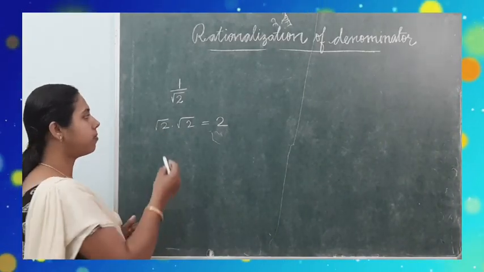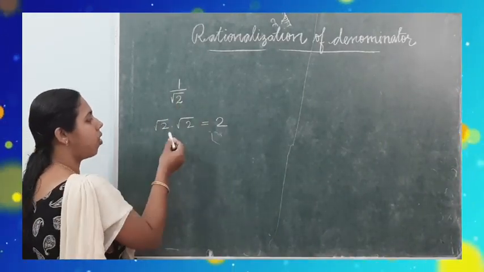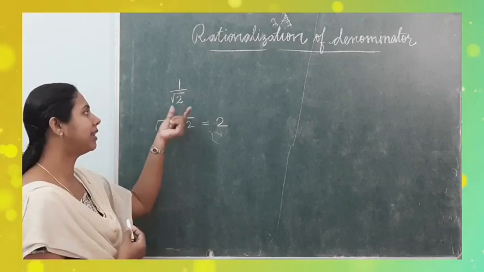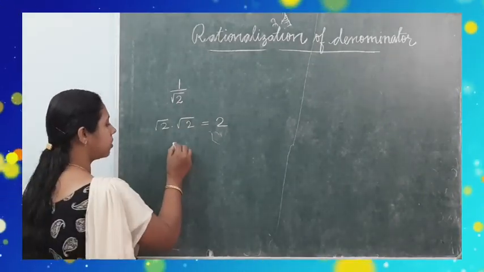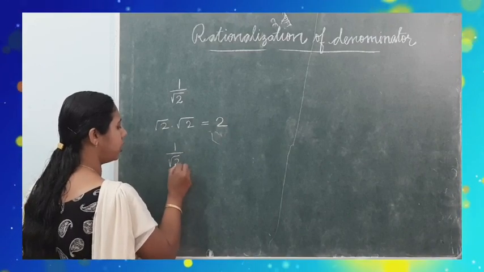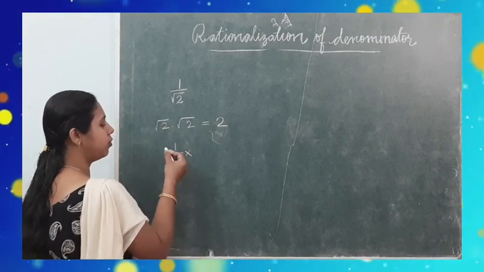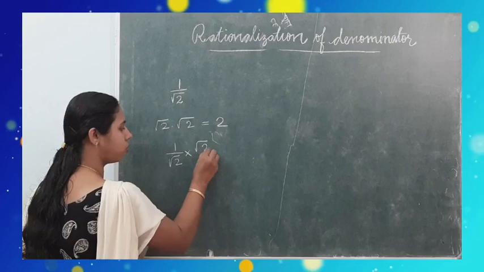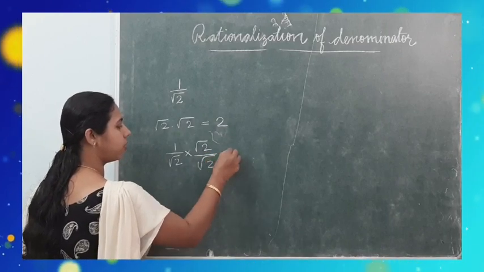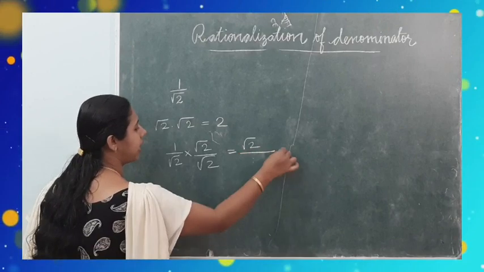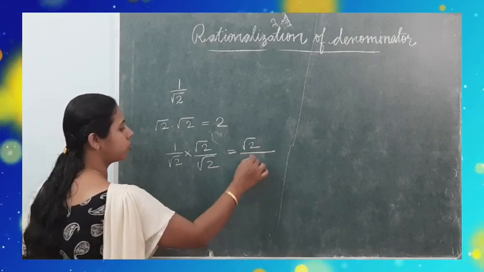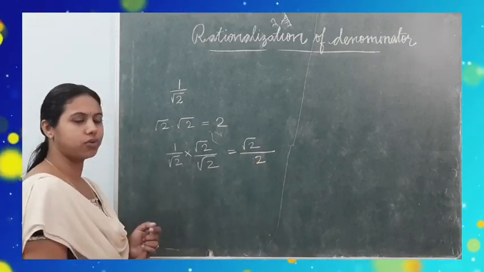Therefore, if you multiply the numerator and denominator by root 2, we will get the denominator as a rational number. So 1 by root 2, multiply the numerator and denominator by root 2. So we will get 1 into root 2, which is root 2, divided by root 2 into root 2, that is equal to 2.